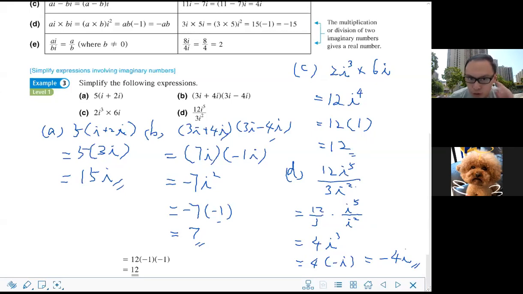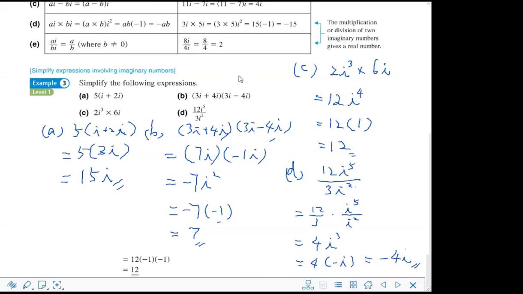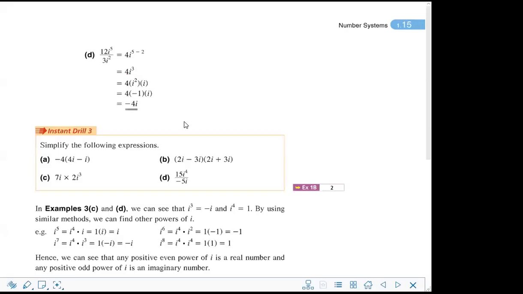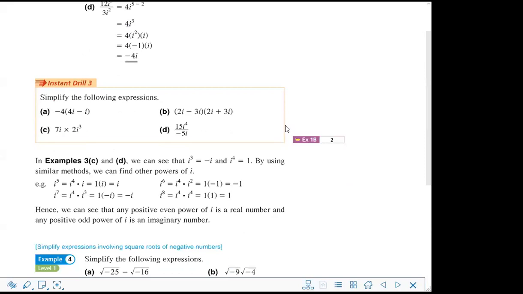you to try to do the classwork. Okay, so that is the instant drill. So let me clear the board first. The next page. So please do the instant drill number 3 and submit it to the MathApp web system. So I'll give you 5 minutes for this instant drill.